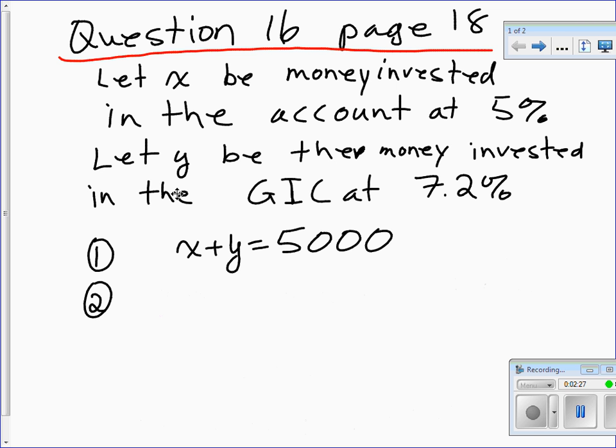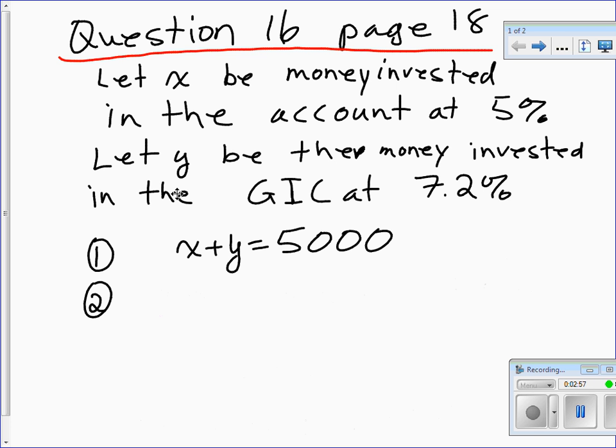So if I had X amount sitting in the regular account at 5%, how would I represent its interest using the letter X or Y? Any ideas? Percent means out of 100. What's 5% as a decimal, guys? Louder. Right.